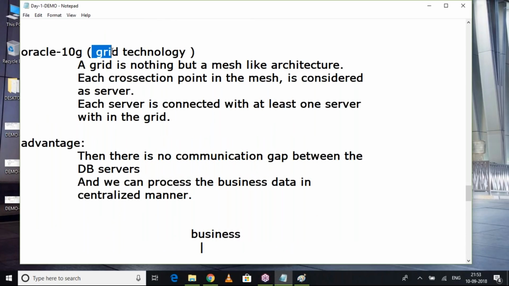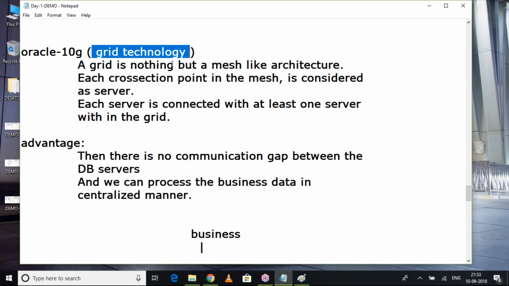G stands for grid technology. Separately, they are maintaining a grid server, and all branch level database servers are connected to that server. Through that server, they maintain load balance.